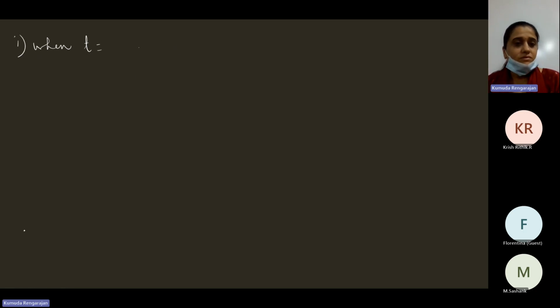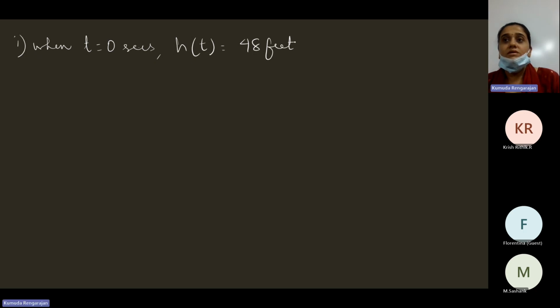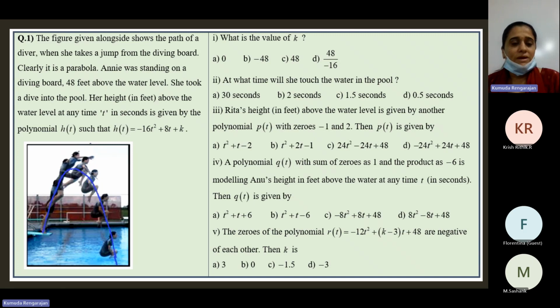And t is 0 seconds, okay? The value of h of t is equal to 48 feet. So what is given? h of t is equal to minus 16t square plus 8t plus k.